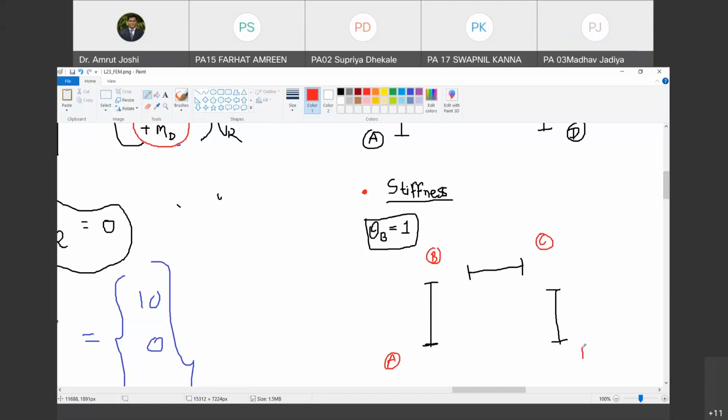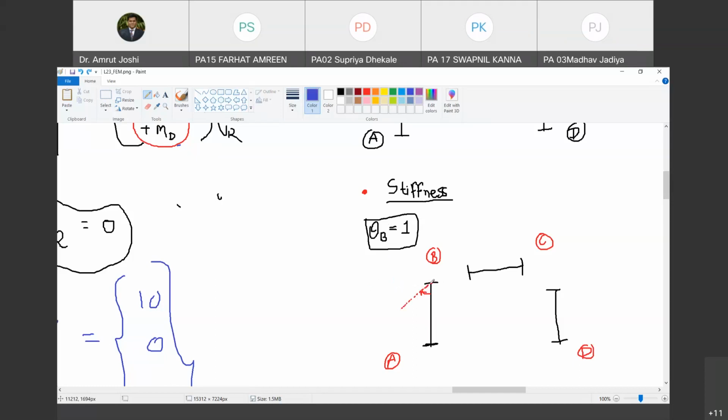Are you with me? Yes, sir. So let me do that. So theta b equal to 1, plus 1 is written. So anti-clockwise rotation. Do you agree with me? Yes, sir. So this is the anti-clockwise rotation and this is the tangent drawn. This is 1. Theta b equal to 1. Happy?